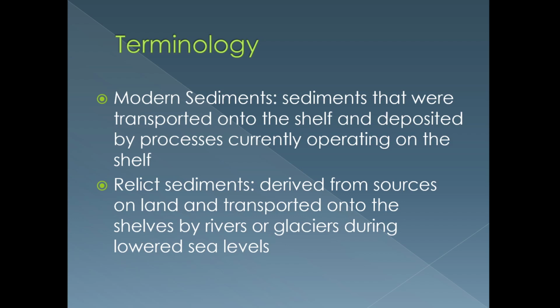And all of these different rivers and glaciers can happen at different sea levels, and that would depend on the size and the different grain size of the sediment that is deposited on the shelf.